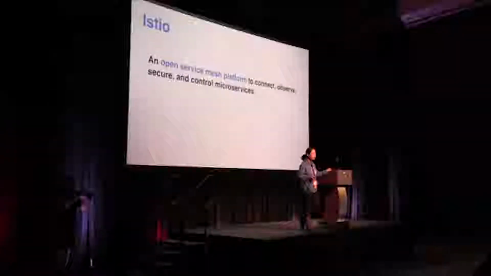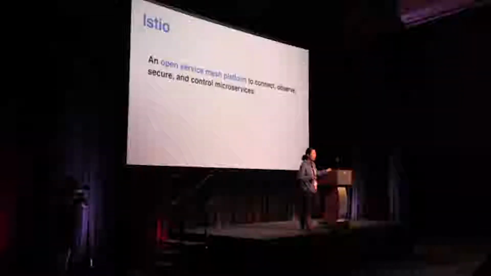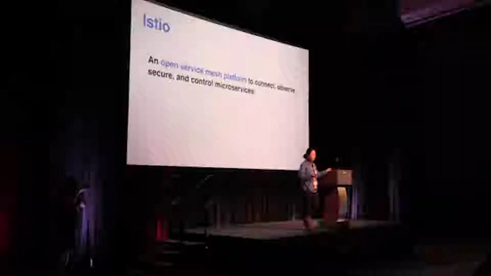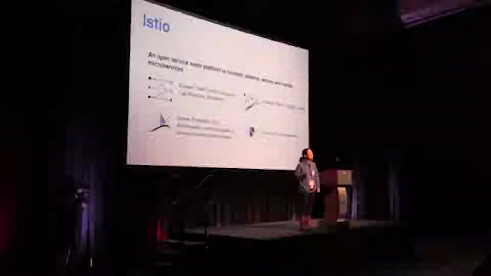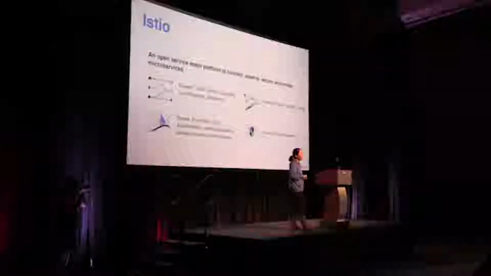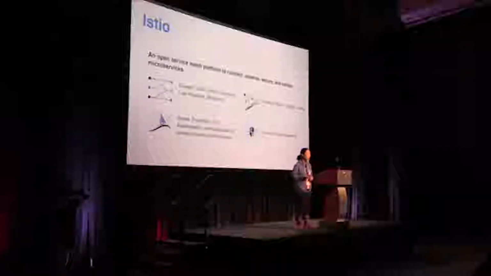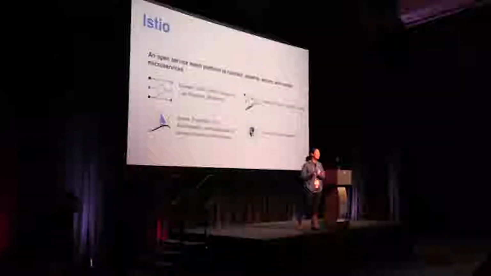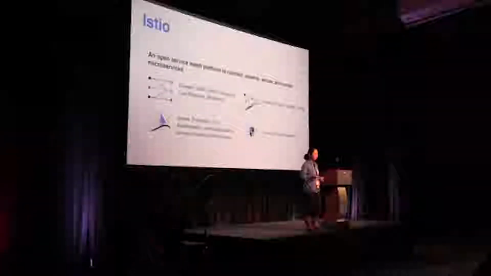Each individual developer doesn't have to solve it in their language-specific way, and the service mesh provides the consistency for you. At the core of the service mesh are really the four pieces we were mentioning: connect, observe, secure, and control. Hopefully you remember these four words. And the most important thing is that it's an open platform for service mesh.